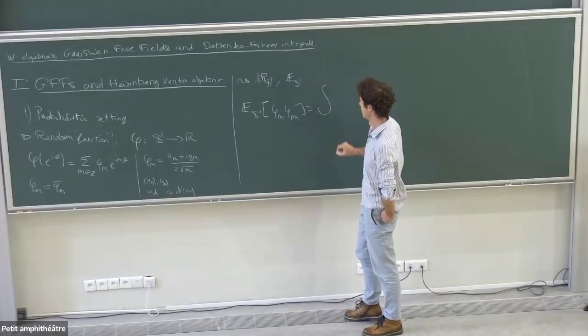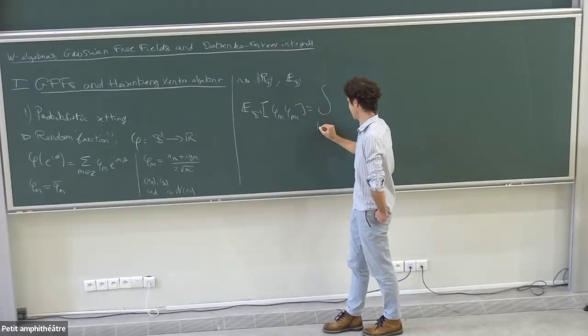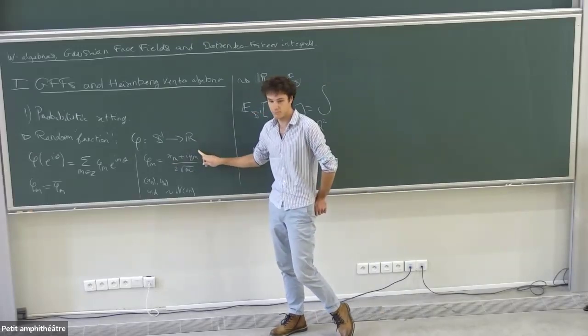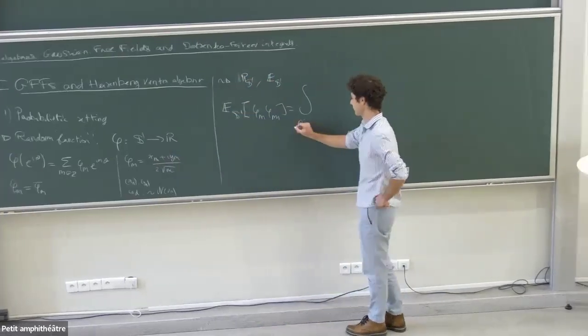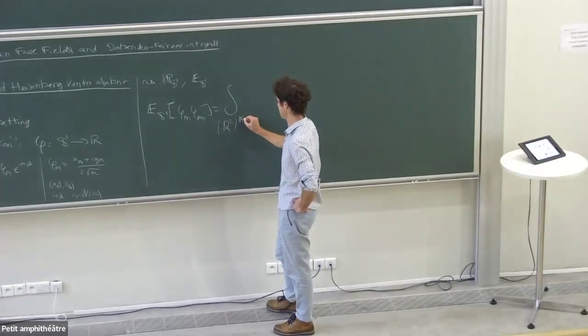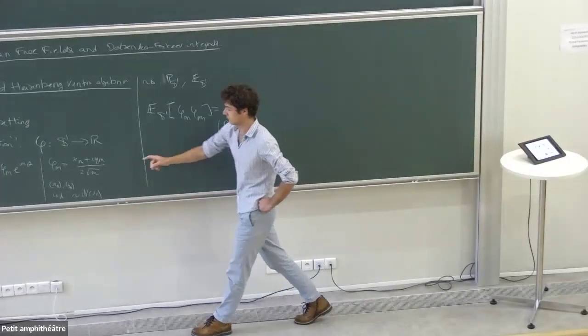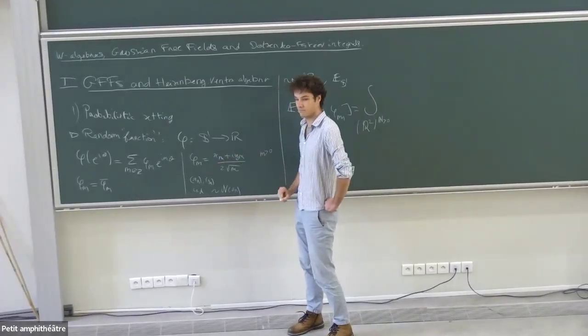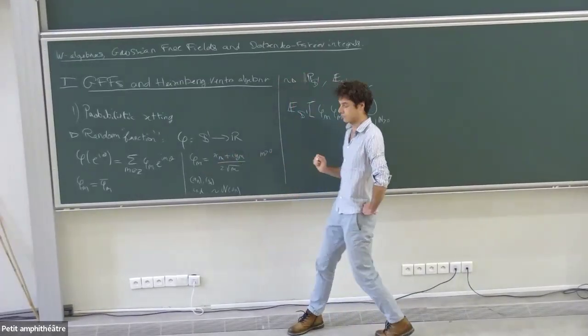I integrate, using this parameterization in terms of x and y. The space of coordinates is R squared times positive integers, so this is for n strictly positive.